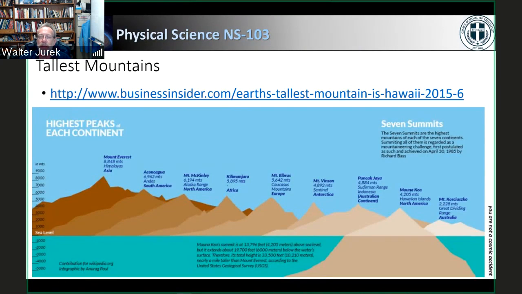North America, up in Alaska, Mount McKinley, 20,320 feet, 6,194 meters. Over in Africa, Mount Kilimanjaro, 5,895 meters. Over in Europe, Mount Elbrus, 5,642 meters, in the Caucasus Mountains.